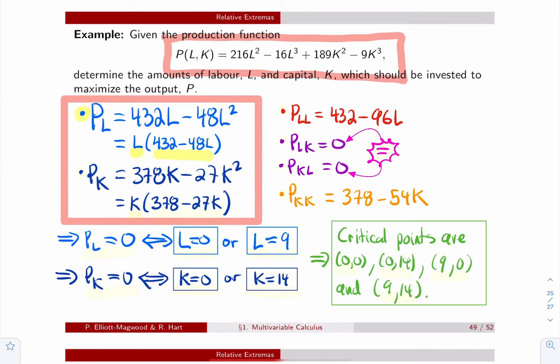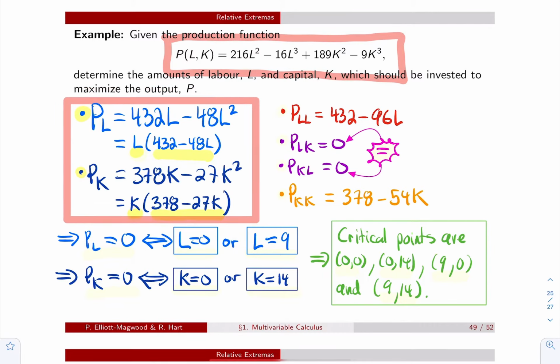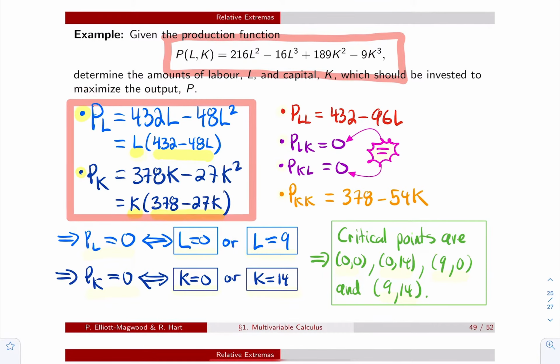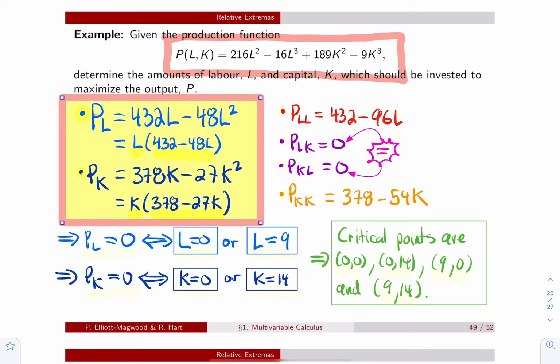And I also computed the other one, P_K. So you're getting 378K minus 27K squared. Again, I factor by K, leaving behind 378 minus 27K. This is going to be helpful to find the critical points. If you simplify these first order partial derivatives, it's going to simplify your life afterwards.